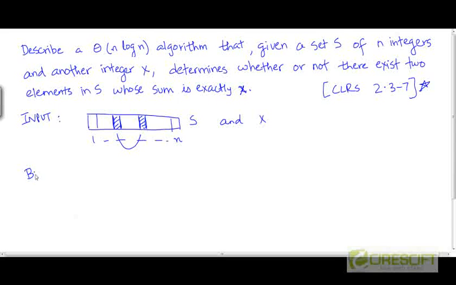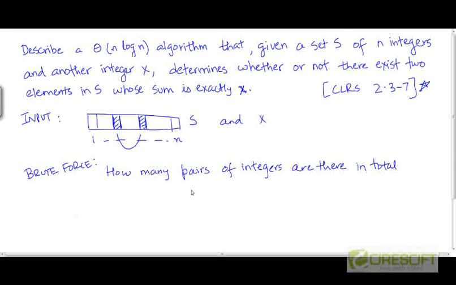Now, a brute force way of approaching this problem is to ask how many pairs of integers are there in total which can be drawn from S. How many pairs of integers can we draw from this set S of n integers?